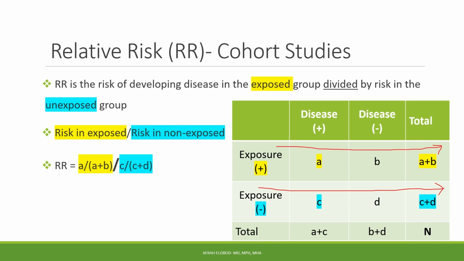On the top row, you divide A over A plus B, and the outcome of that is divided by C over C plus D. So you do the calculation in 2 steps. Don't mix it up. First, calculate the risk of the exposed, and then calculate the risk in the non-exposed and divide the two numbers by each other.